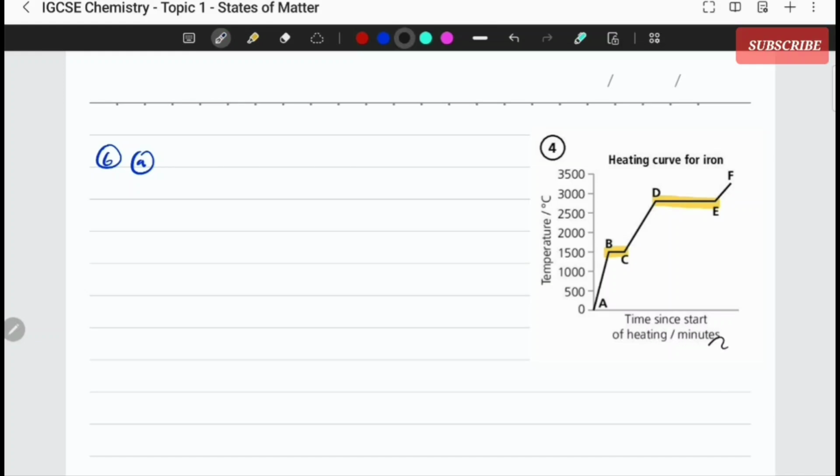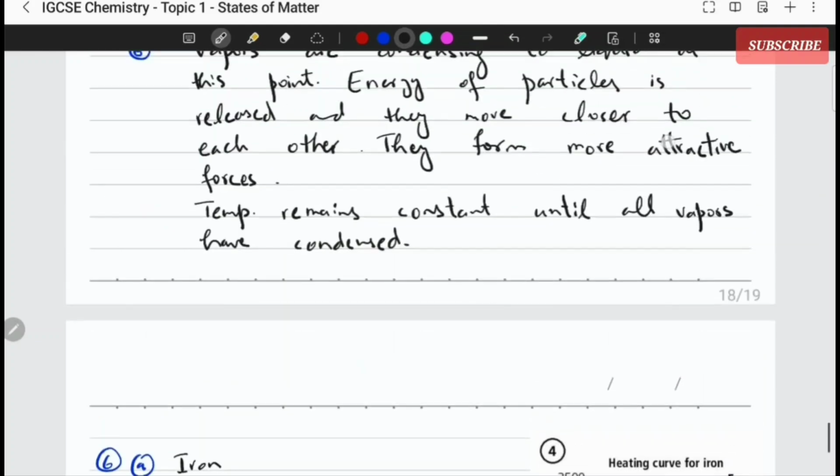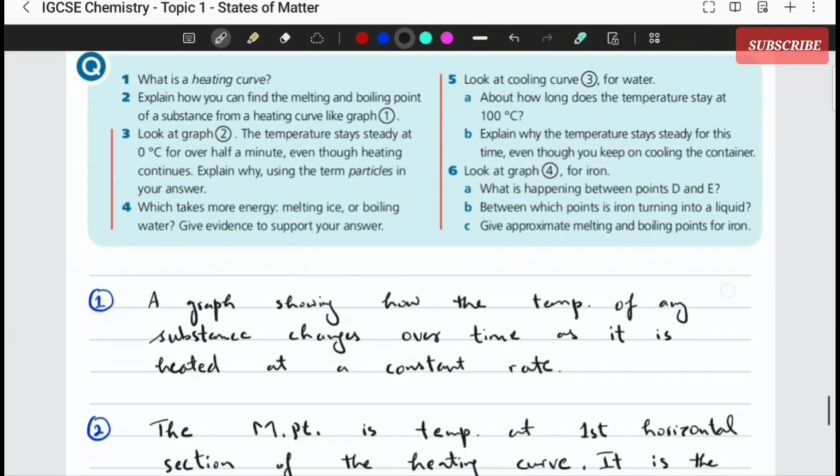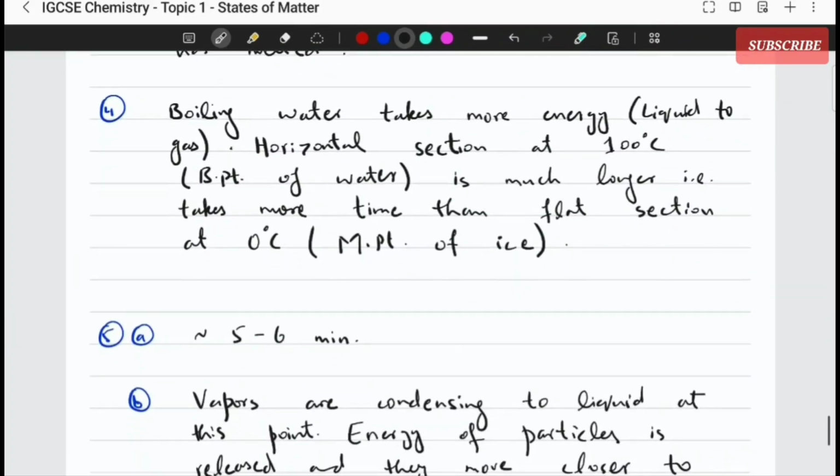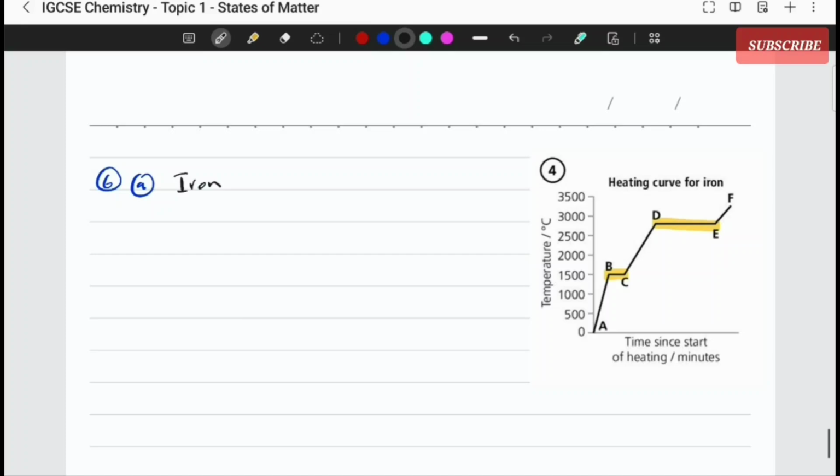So at this point, this is about iron. Let me check one more time the question I forgot. What is happening between the points D and E? At D and E, the iron is basically changing from liquid to vapors.